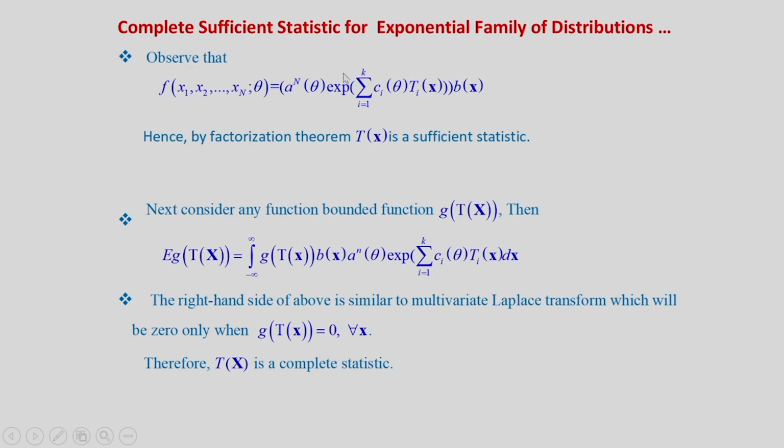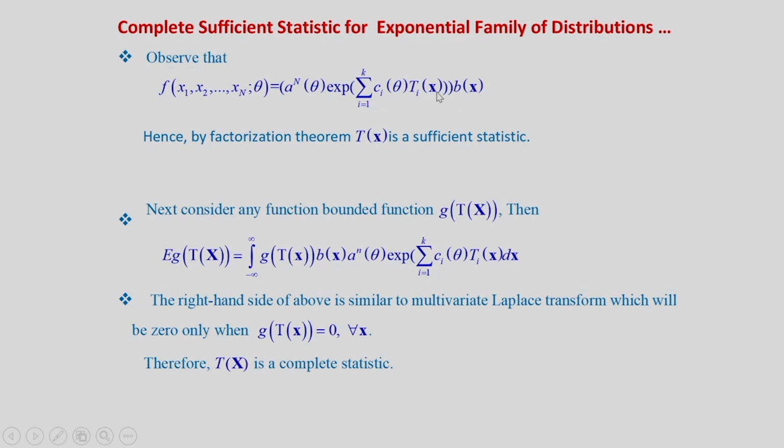So, we can express the joint PDF as a product of two factors. One factor is independent of any parameters, it is simply a function of x, and the other factor is a function of the parameter and the estimator. Therefore, by the factorization theorem T(x) is a sufficient statistic.